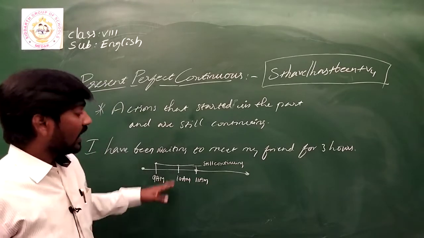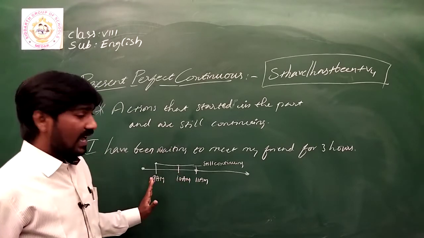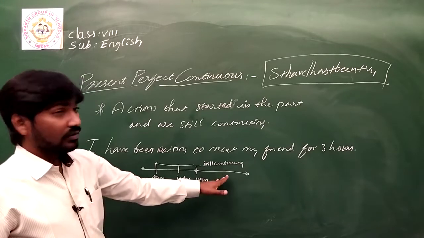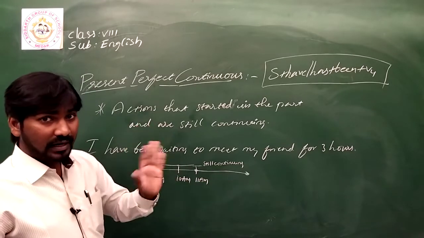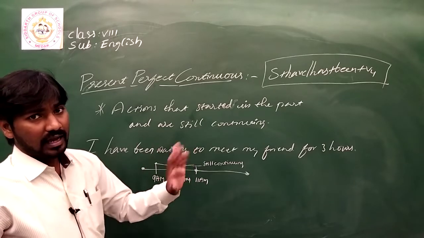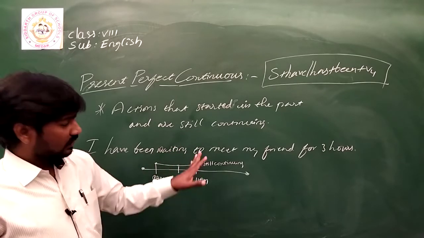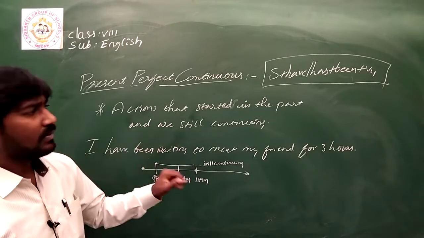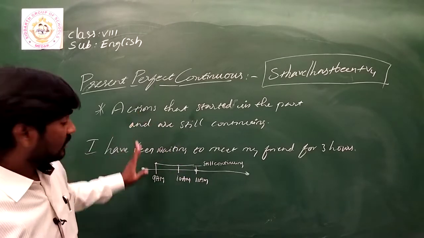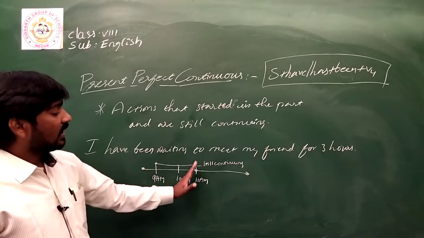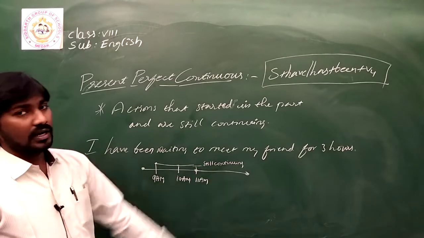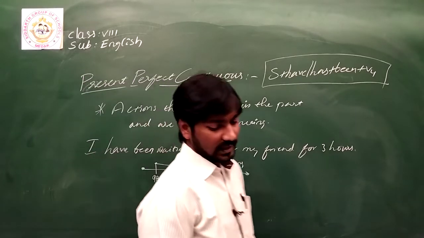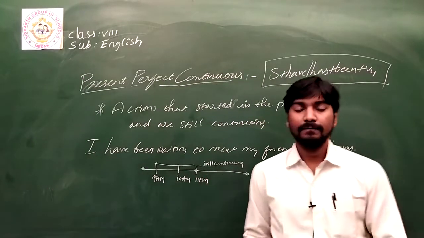I started at 9, then 10, then 11, still waiting. I haven't met my friend till now. So when you want to talk about an action which has started in the past and is still continuing, that is called present perfect continuous tense. First copy that.